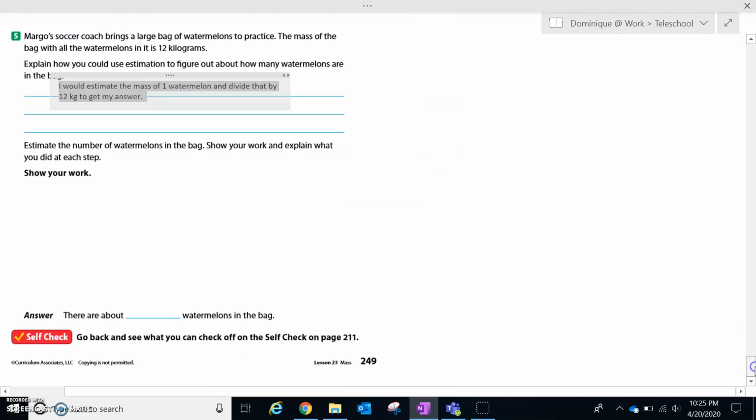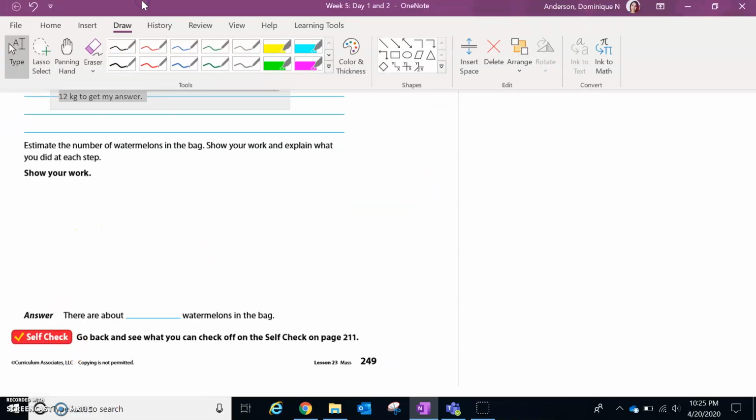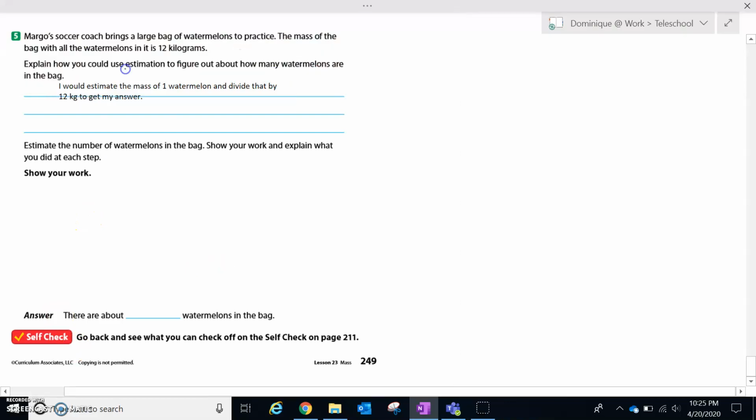So if we stick with that answer, if we think one watermelon weighs 3 kilograms, we can divide 12 by that. So if you do 12 divided by 3, I want you to work this out so you can figure out what our answer is.